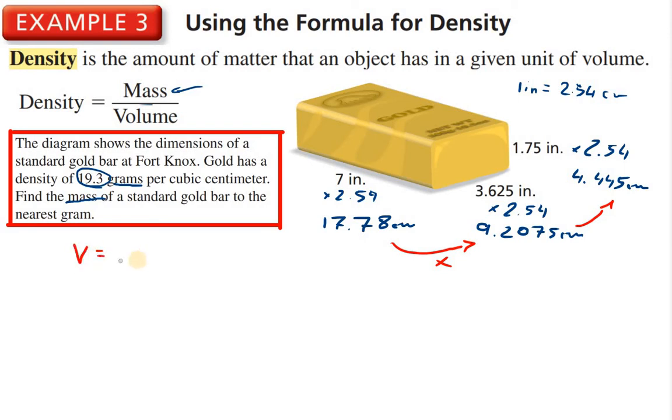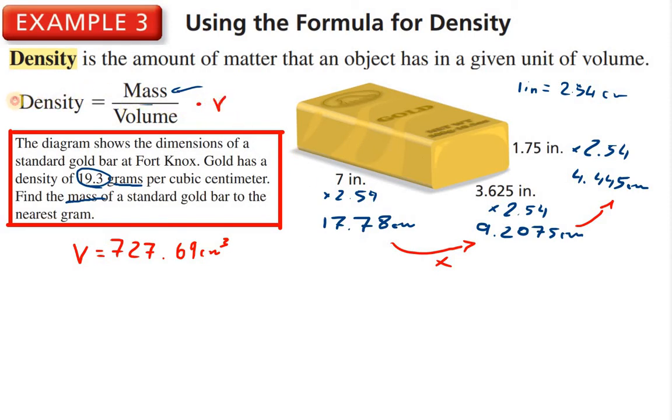Volume is length times width times height, or base times height, which comes to 727.69 centimeters cubed. Now I want to take that and, in order to find the mass, multiply both sides by volume.